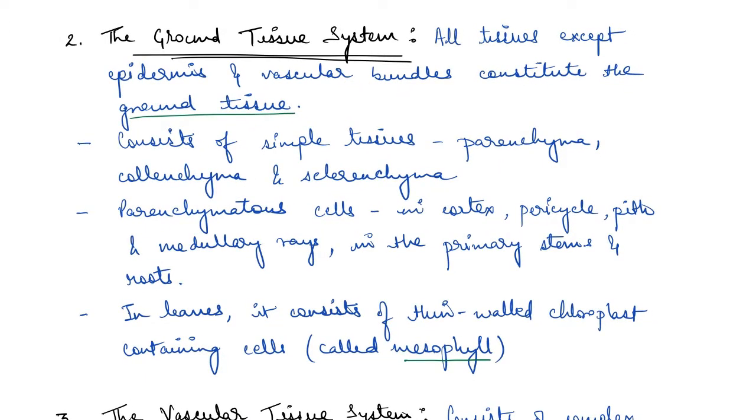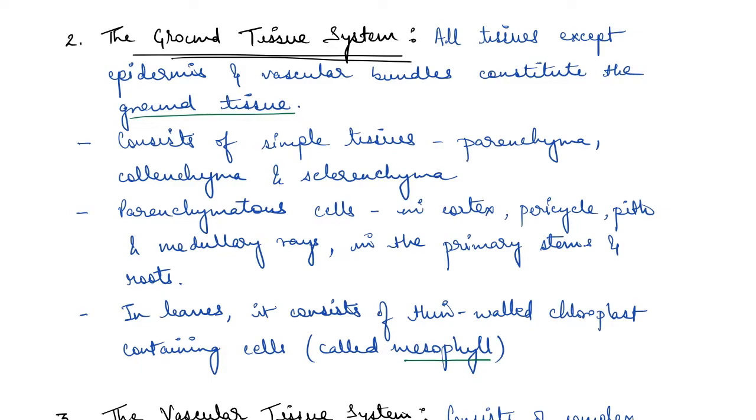Now let's move towards the second tissue system, which is the ground tissue system. All tissues except the epidermis and vascular bundles basically constitute the ground tissue. It consists of simple tissues such as parenchyma, collenchyma and sclerenchyma, right?